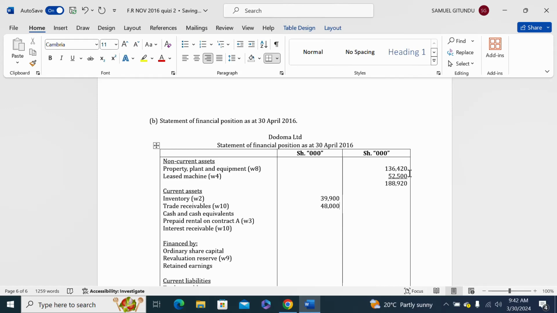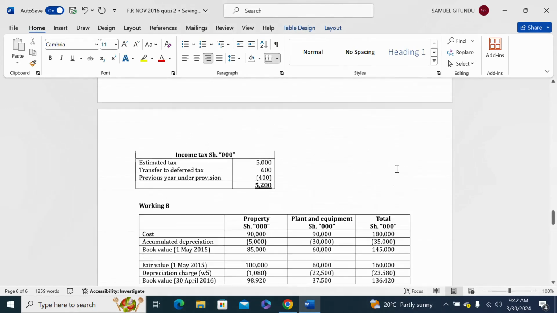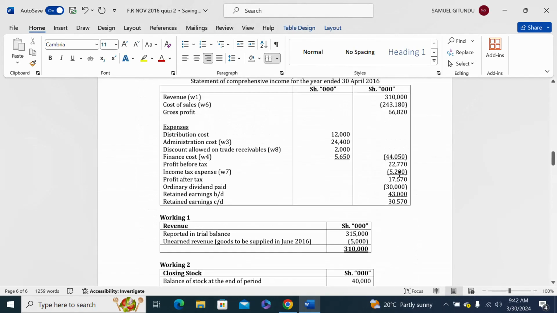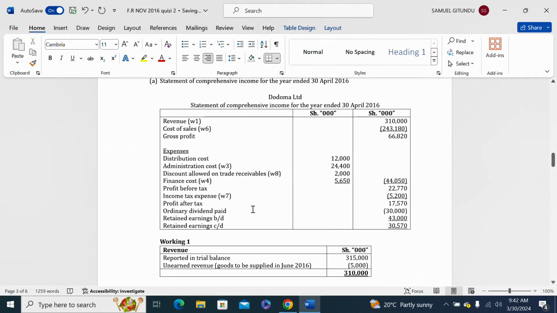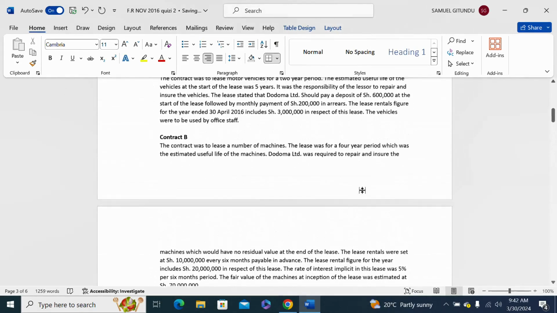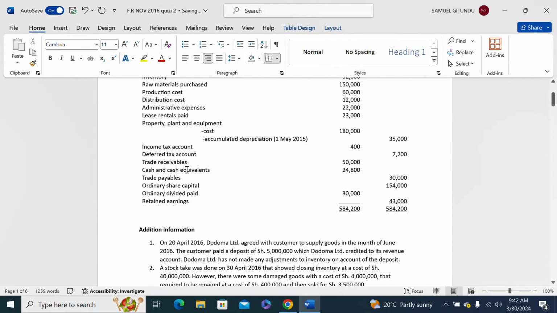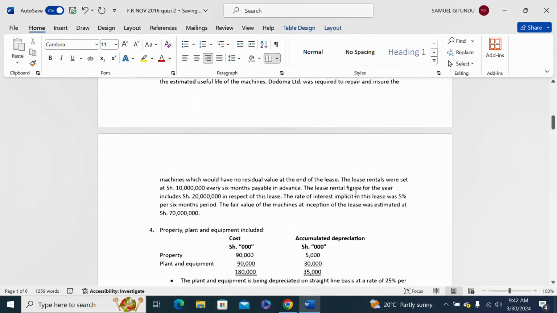Then cash and cash equivalent, that is from the trial balance, 24,800.